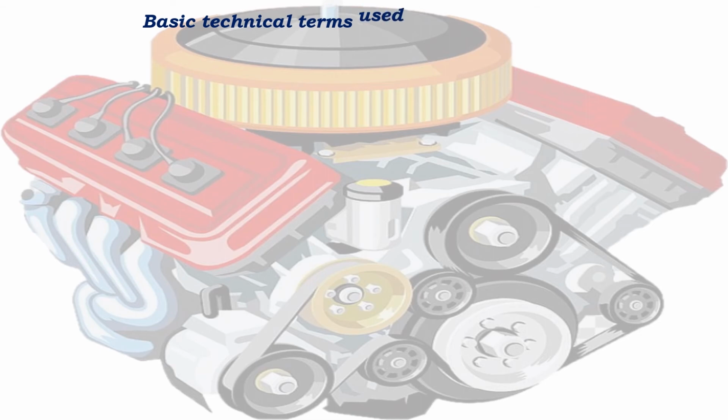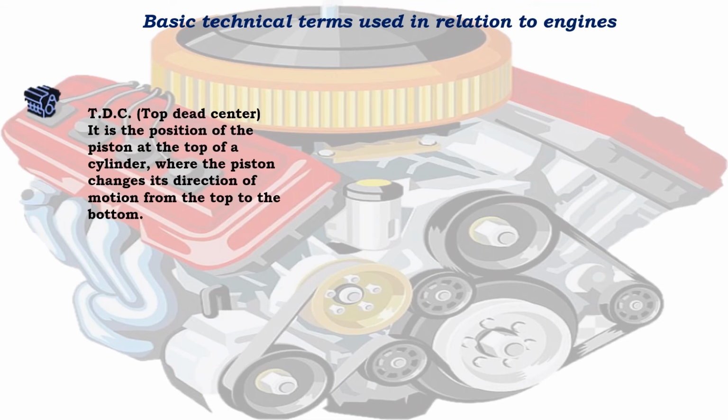Basic technical terms used in relation to engine. TDC, top dead center: it is the position of the piston at the top of the cylinder where the piston changes its direction of motion from top to bottom.